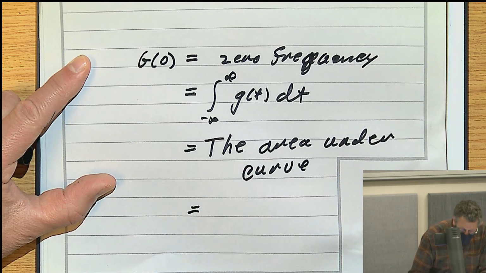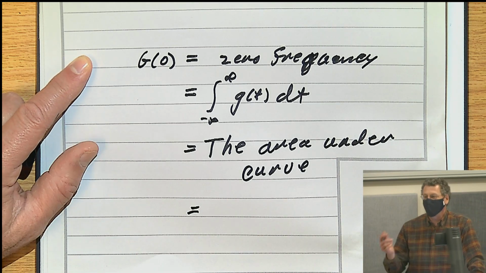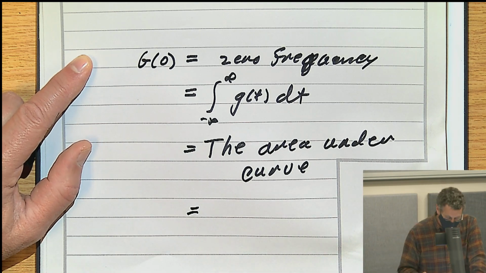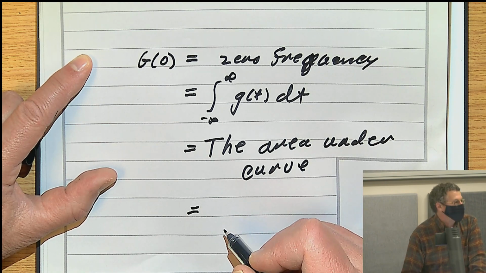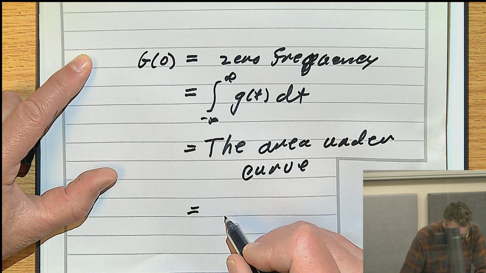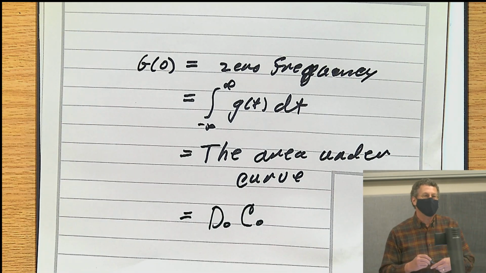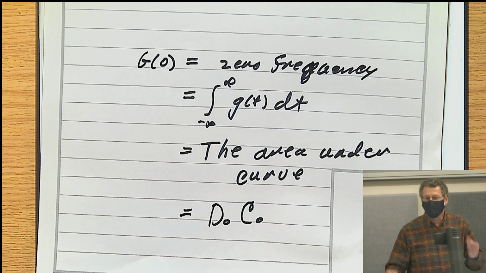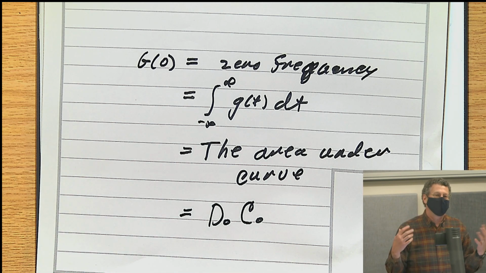I also refer to that as the DC component, because I'm trained as an electrical engineer. Once you've trained as an electrical engineer, you're always an electrical engineer for the rest of your life. It's a sad thing, but what are you going to do? It's called DC, which is kind of a ridiculous name, because what does current have to do with it? But it's direct current. It's burned into the brains of electrical engineers because of the fight between Thomas Edison and, what was the other guy's name?